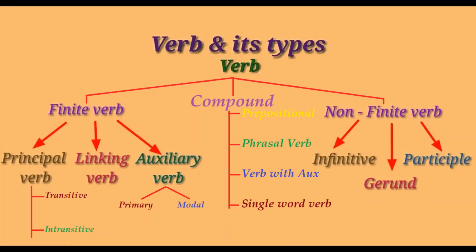It can be a prepositional verb, a verb plus a preposition, or a phrasal verb when an adverb or a preposition is added to the verb, or a verb with an auxiliary, or a single word verb differentiated by using a hyphen. So that is the recap. We have seen all the different types of verbs: finite, non-finite, and compound.